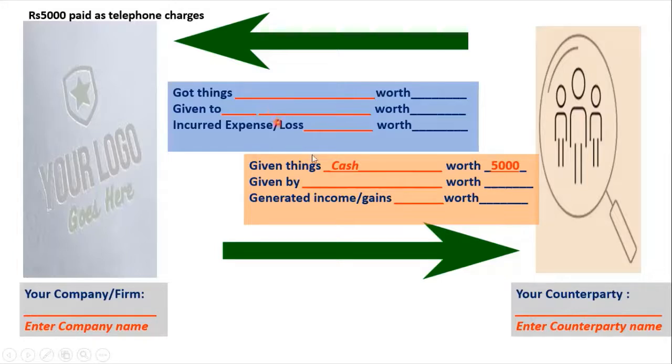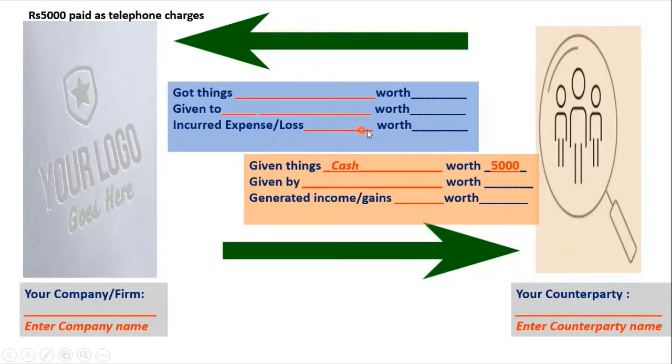But we need to find out why we have given 5,000 rupees. We have given 5,000 rupees because we have availed telephone service from them. We have availed some utility from them. So we have given the money for some utility or service.